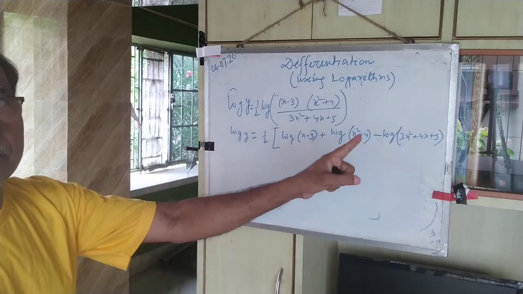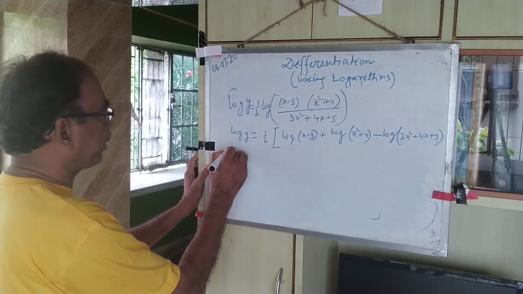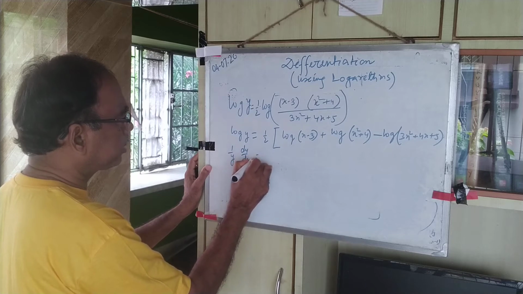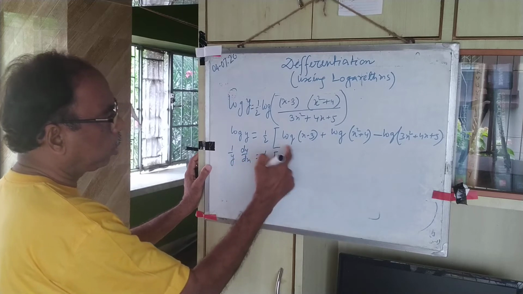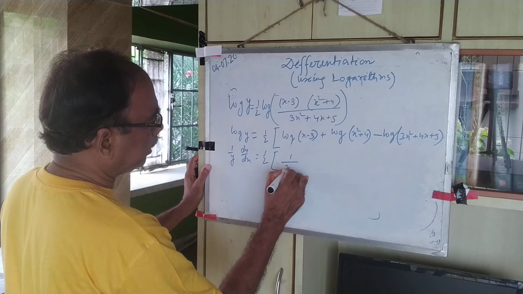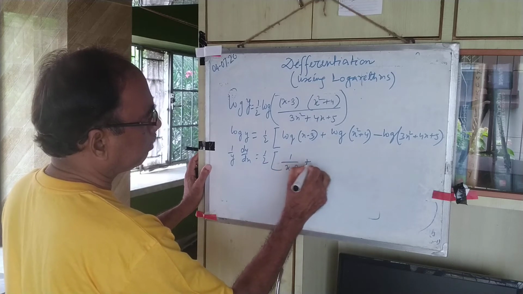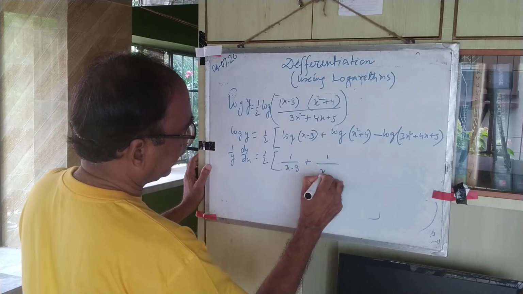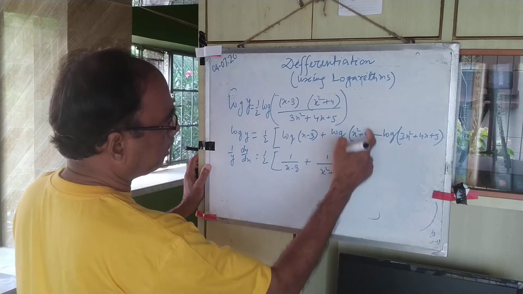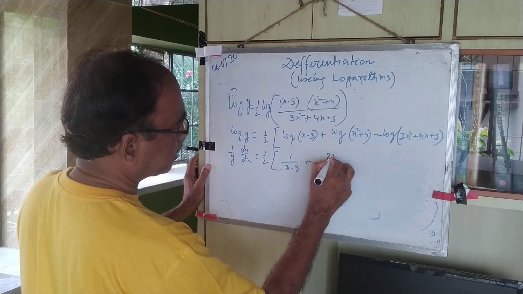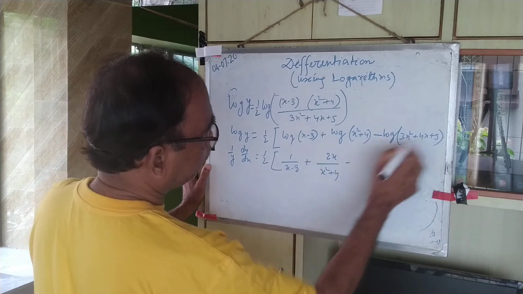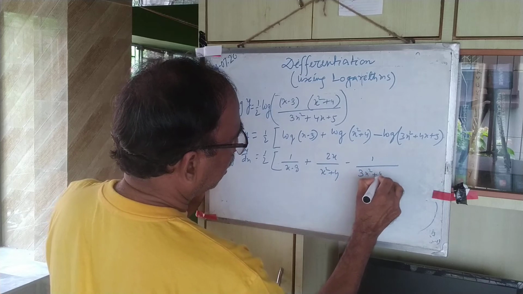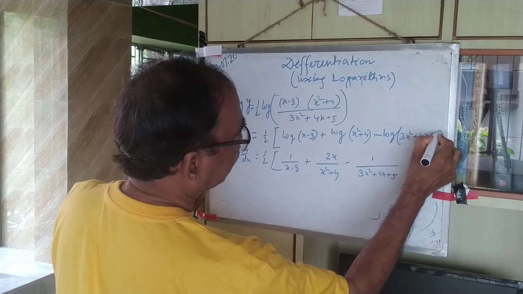Now differentiating both sides with respect to x, log y derivative is 1 by y dy by dx equals half of [the derivative of log this, 1 by (x minus 3), plus log this, 1 by (x square plus 4), and the inner part x square derivative is 2x, minus log of this, 1 by (3x square plus 4x plus 5)].